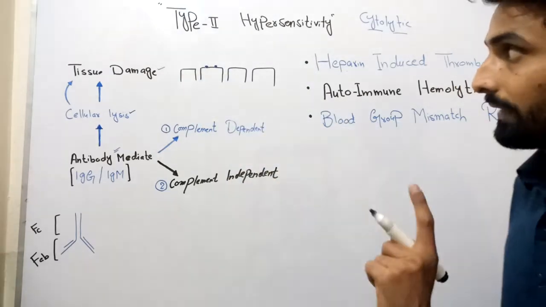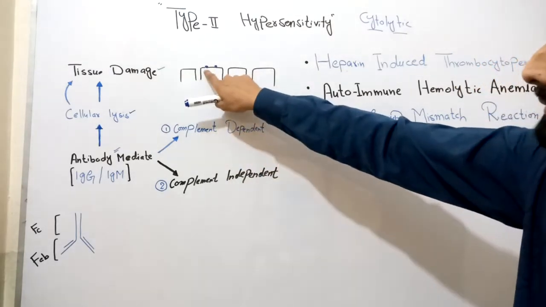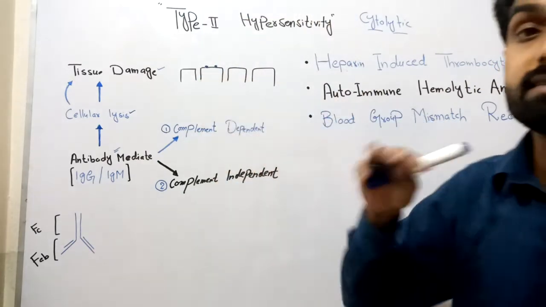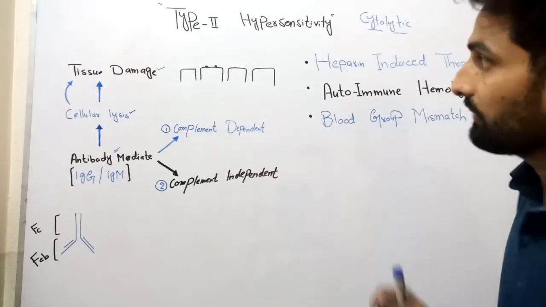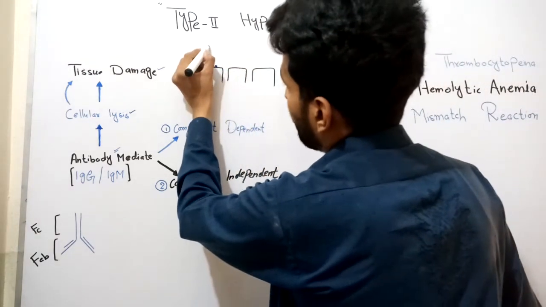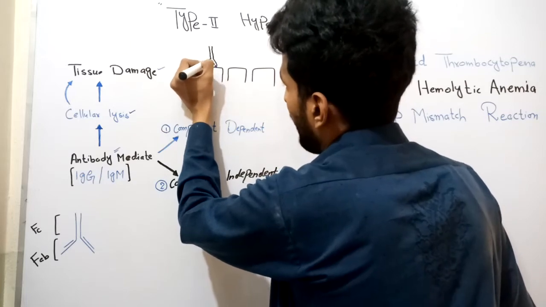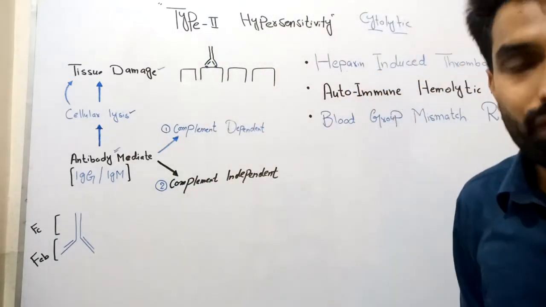But they must attach, they must adhere to the cell surface. Once they are attached on the cell surface, the antibody will come against these antigens and attach over them.